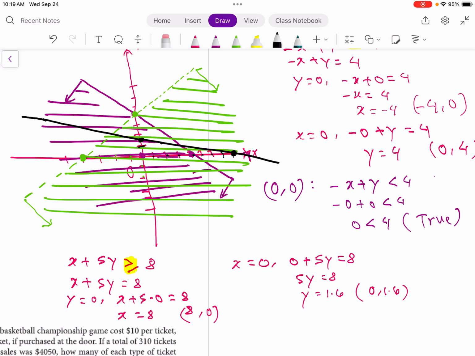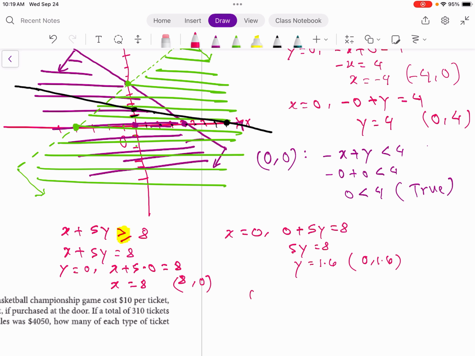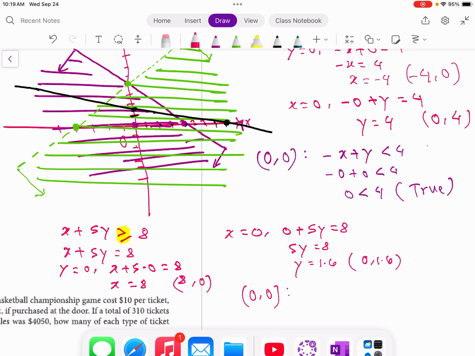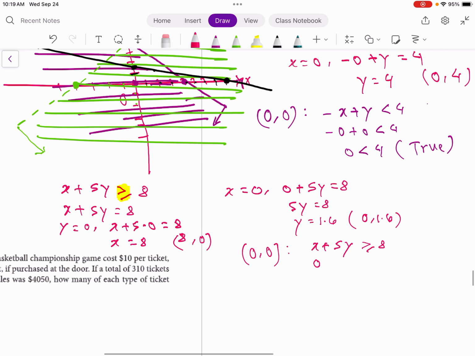Now the next, we need a testing point. We can still take 0, 0 as a testing point. We write down our inequality x plus 5y greater than or equal to 8. Replace x by 0, replace y by 0, and we have 0 greater than or equal to 8.